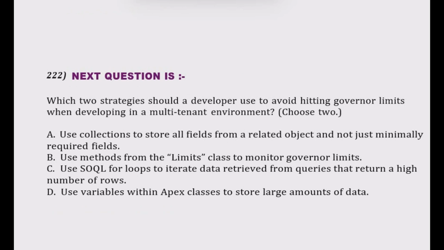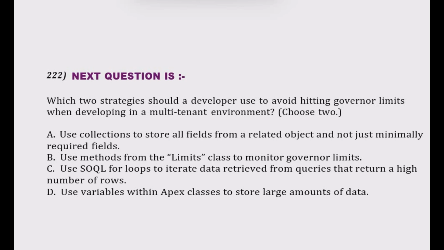Question is, which two strategies should a developer use to avoid hitting governor limits when developing in a multi-tenant environment? Option A, use collections to store all fields from a related object and not just minimally required fields.